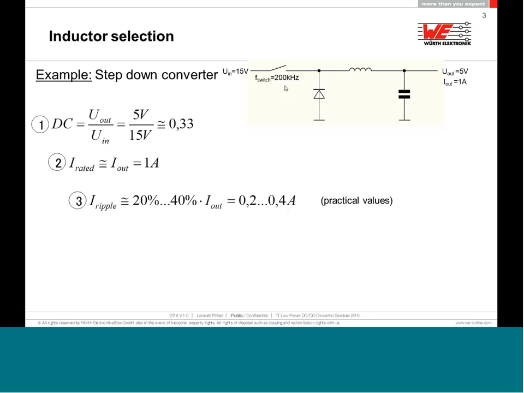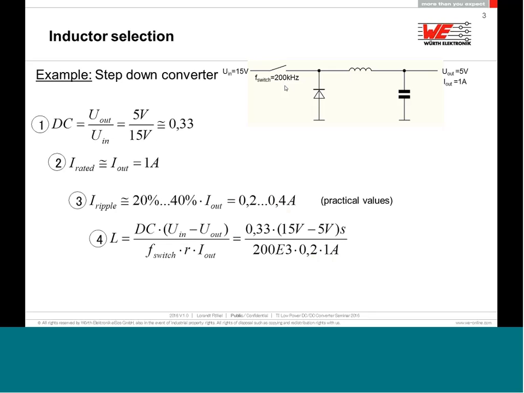Now, you can switch and calculate with the ripple current. I would recommend a minimum ripple current of 20% and a maximum ripple current of 40%. According to these two values, 20 and 40%, because it's very simple, with 1 amp output you may have 200 milliamp or 400 milliamp ripple current.